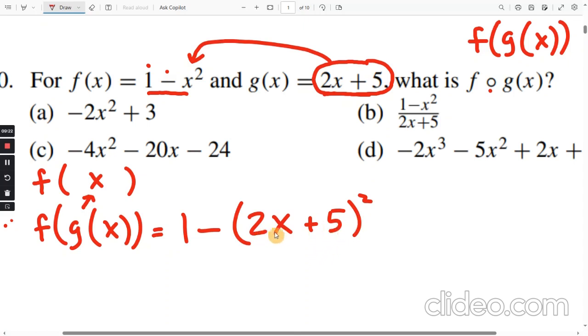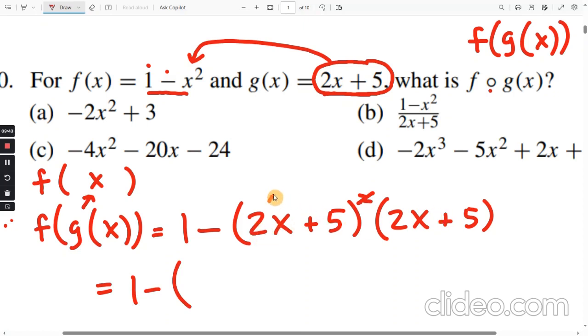So this is 2x plus 5 squared. That's basically 2x plus 5 times 2x plus 5, because this was squared, so it's multiplied by itself. And we need to distribute. We have 1 minus, and use parentheses. We're going to unpack this here.